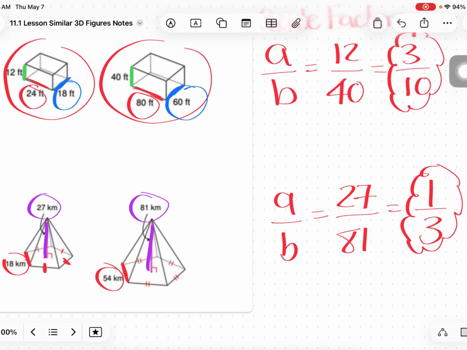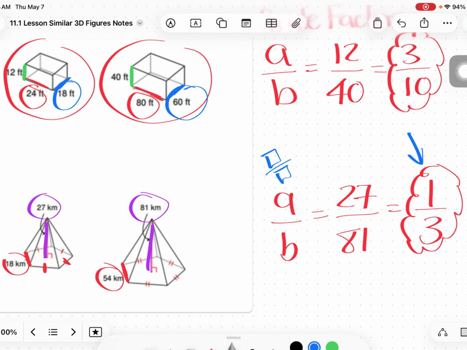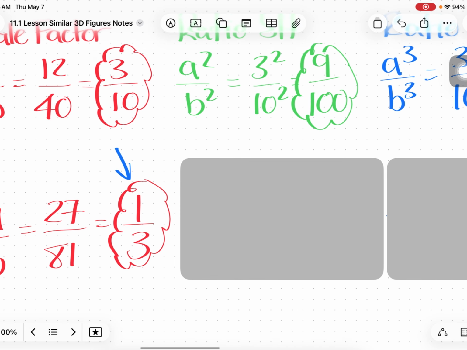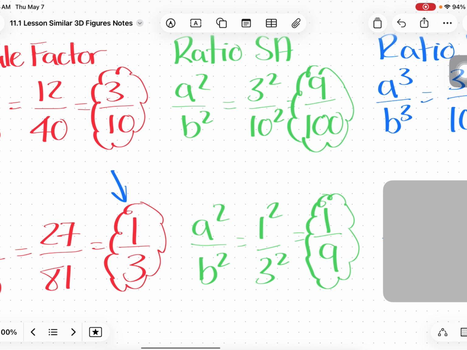You can go into Desmos, put 27 divided by 81, then click that little fraction button and it should reduce it to 1/3. And then if we take that 1/3 and we square both of them, we're going to get the ratio of surface areas is 1/9.